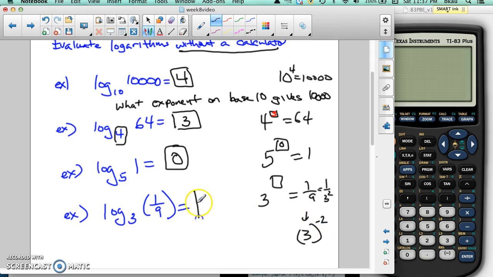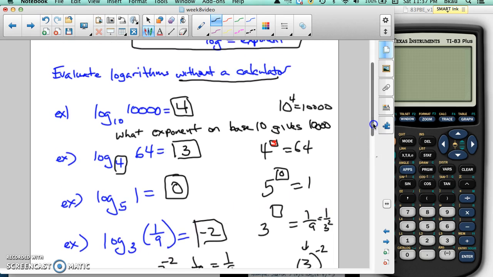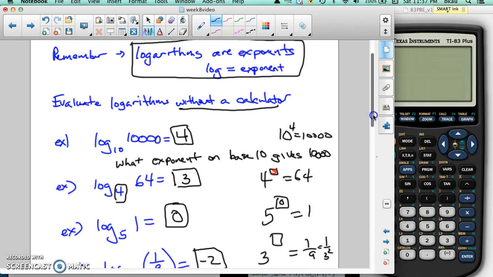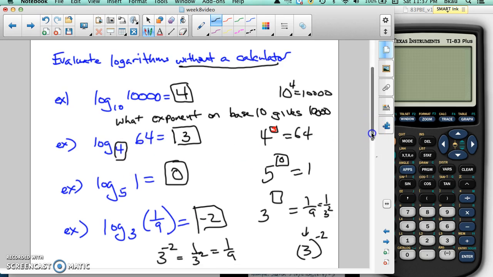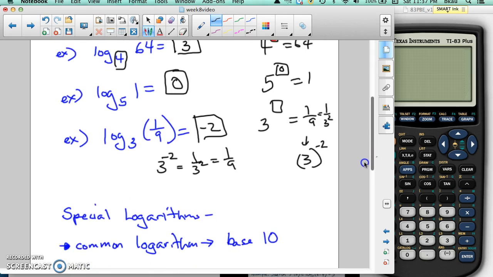So my answer is -2, because 3 to the negative second is 1 over 3 squared, which is 1 over 9. That's what we do when evaluating logarithms without a calculator: we look at what exponent we need on the base to get the number written there.